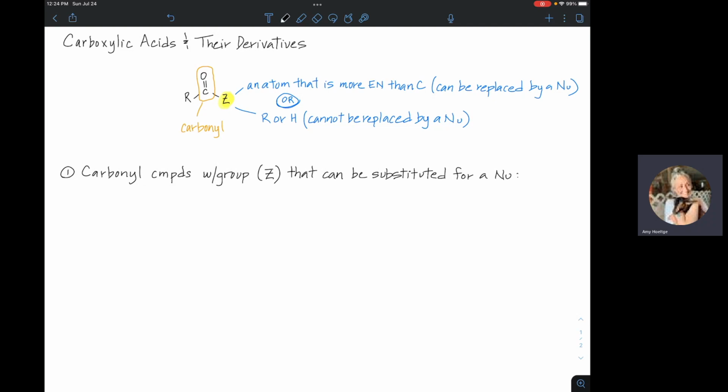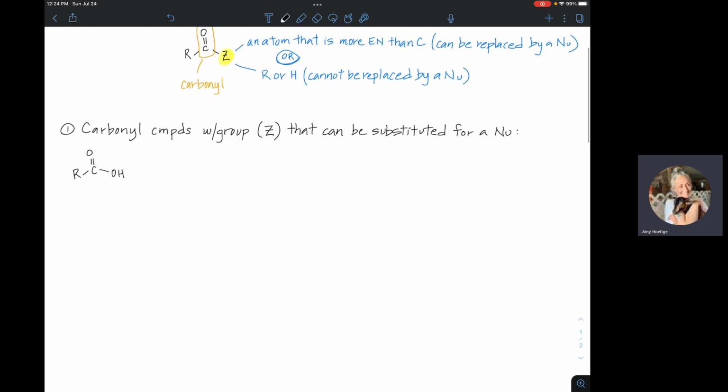So in other words, we could have a carboxylic acid, so R, and then the carbonyl, and then OH. Hydroxide is a strong base, but if somehow along the way that OH gets protonated, water can leave.